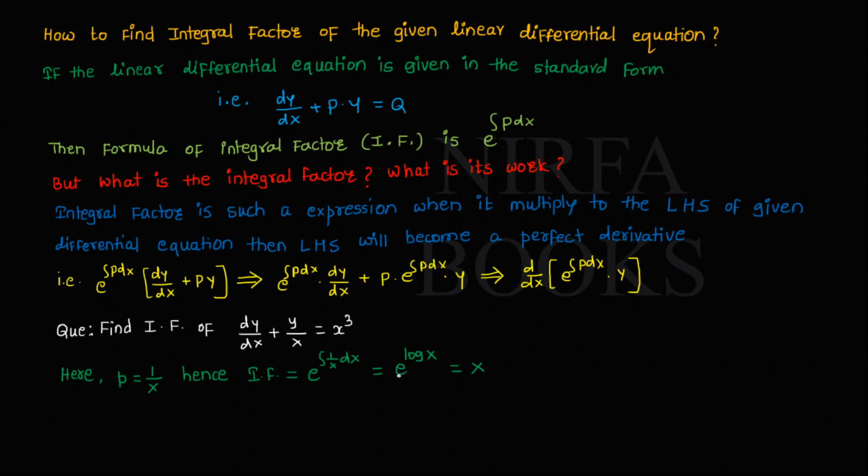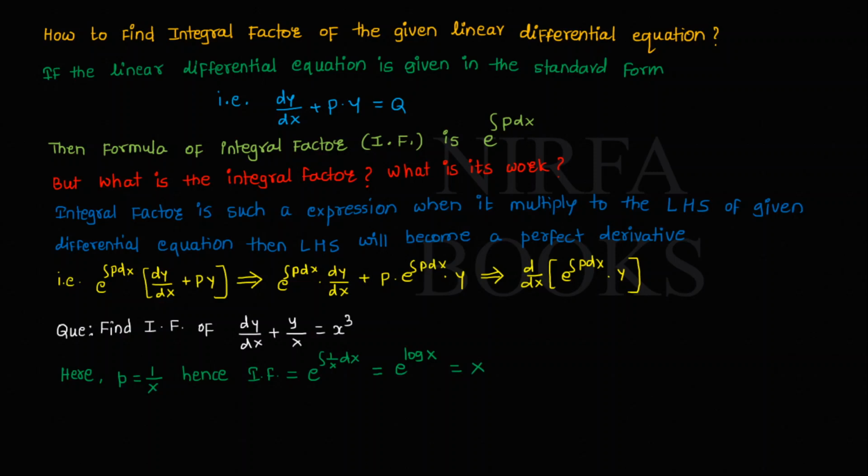And also we know that when the log has base e, here nothing means the base of log is e, this log with base e cancels out with this base e, and we are getting x, and therefore the integral factor of this differential equation is x. But this is just a routine method, a regular method. Now we will see some other methods to get the integral factor in a quicker way.